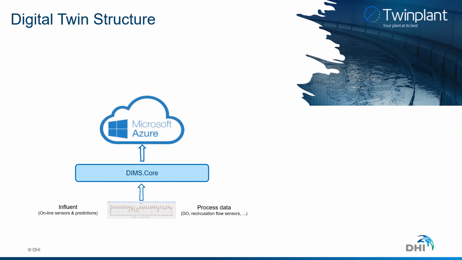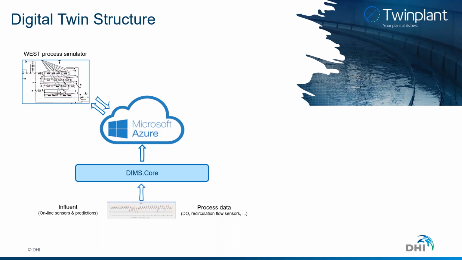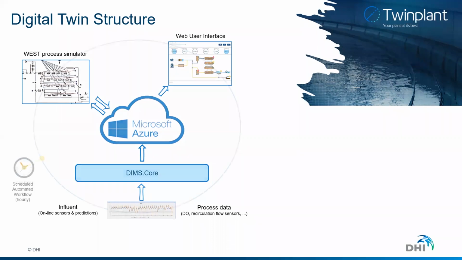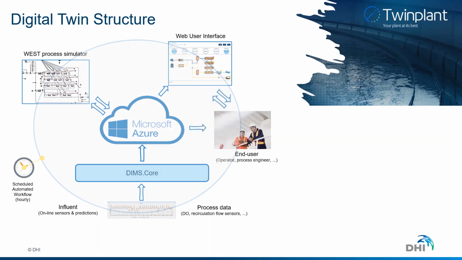Then we would push it out into the cloud, could be Azure, where we would execute a process simulator that calculates set points. We would have a web-based simple user interface that the operators can use. And all of that would be scheduled on an automated workflow, for instance, on an hourly basis. So that's typically the outline of a digital twin, which would then be used by operators or process engineers.